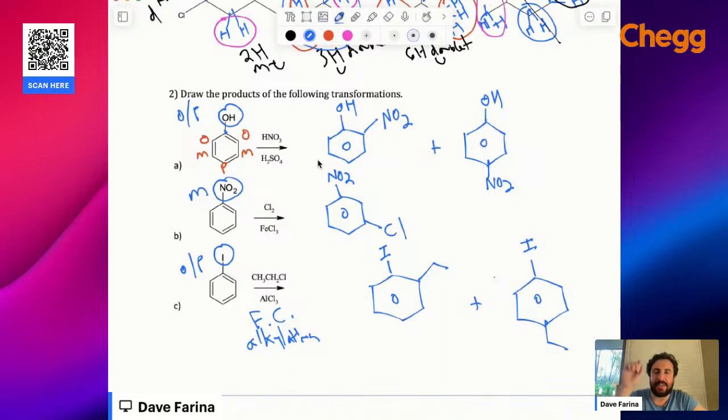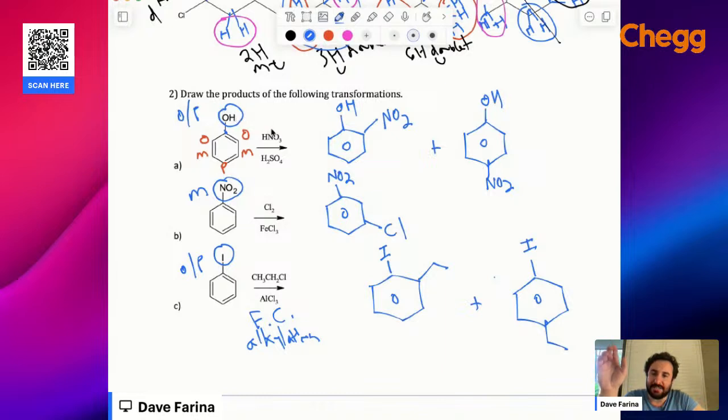And the reason is that they stabilize the arenium ion intermediate when substitution takes place at the ortho or para positions, but not meta. So basically, the intermediate for the ortho and para substitution pathways is more stable than the intermediate for the meta pathways. So it dominates kinetically by a lot. So you get dramatically shifted towards ortho-para substitution.